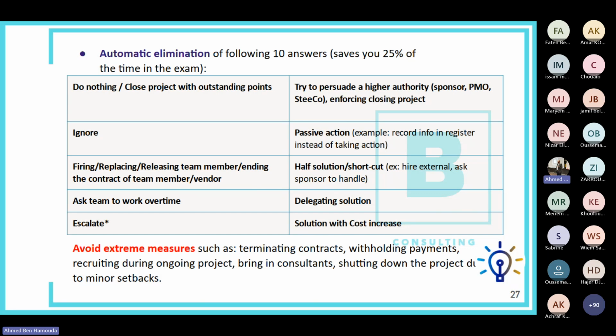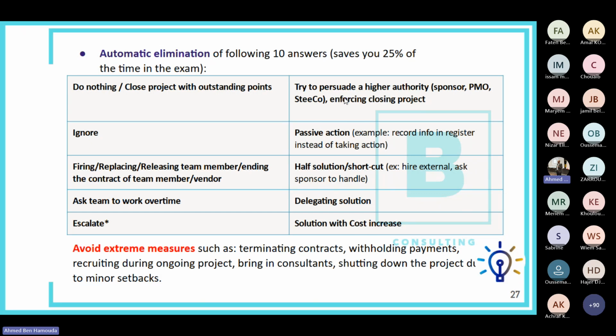Okay, so you need to respect what they asked for, and you need to do it the way they asked for it. Okay, and also you avoid any answers in which you enforce the closing of the project. Okay, so you don't enforce the closing of the project. For example, you want to close the project, but the customer is refusing to sign off on the deliverables.